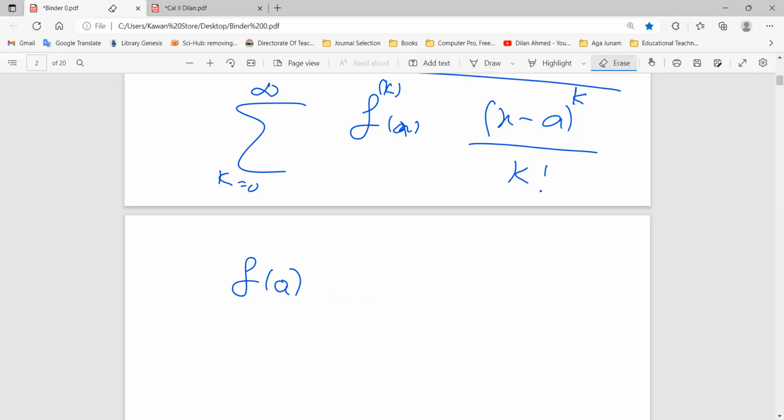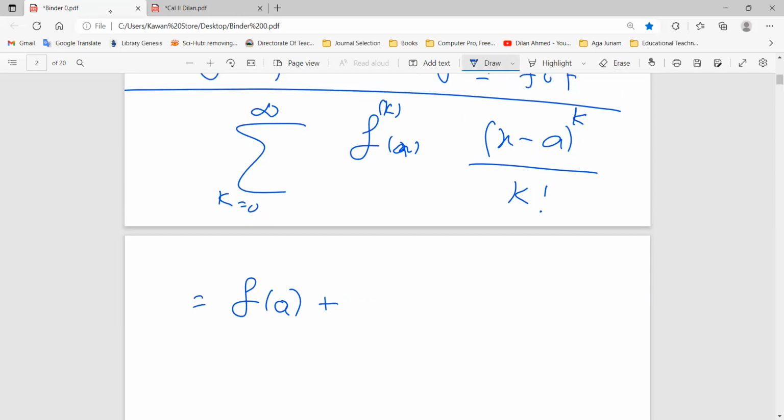Understood? Now give me the second term. K is 1, so I have f prime of a times (x minus a) over 1 factorial, and 1 factorial is equal to 1. Okay, give me the third term when k is equal to 2.